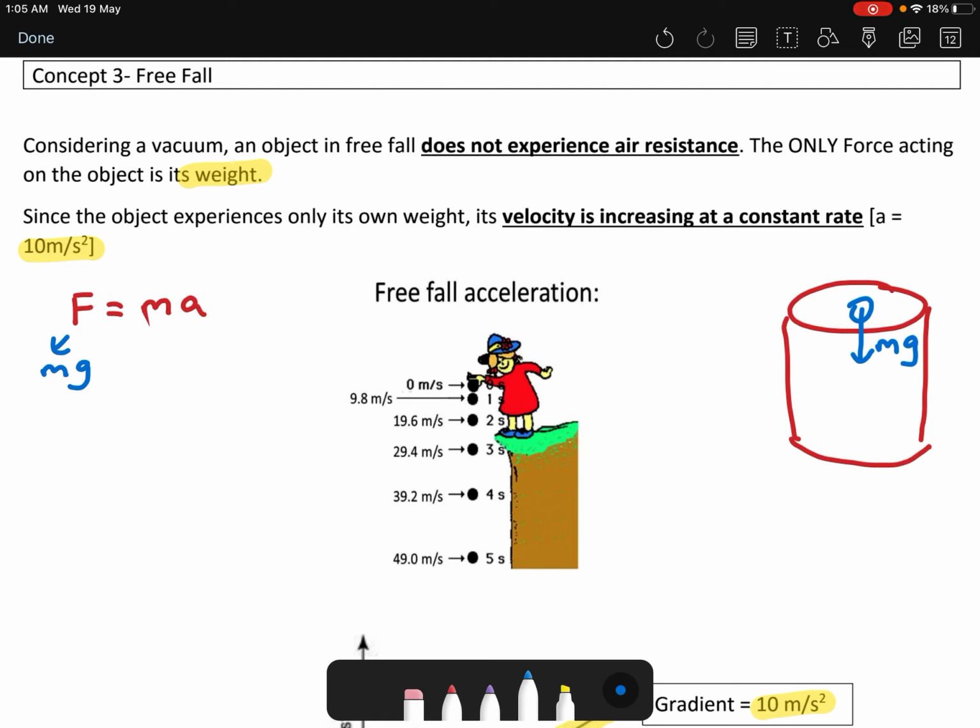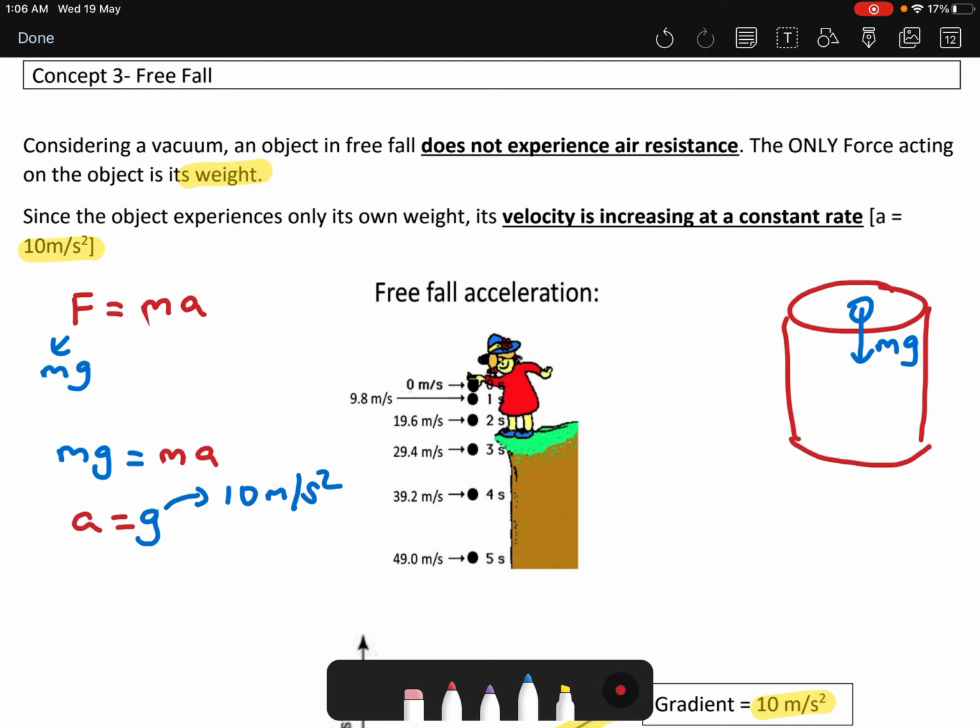So mg is equal to ma, and we can cancel away the m, because it's the same on the left-hand side and right-hand side. So a is equal to g, where g is equal to 10 meters per second squared. Now we derive that your acceleration is equal to your gravitational field.